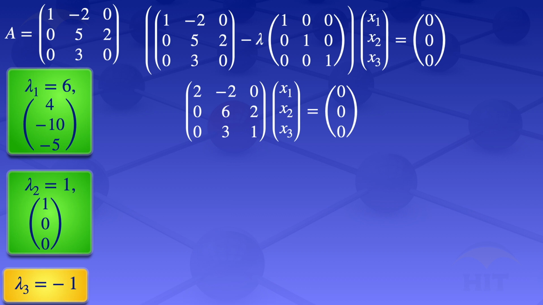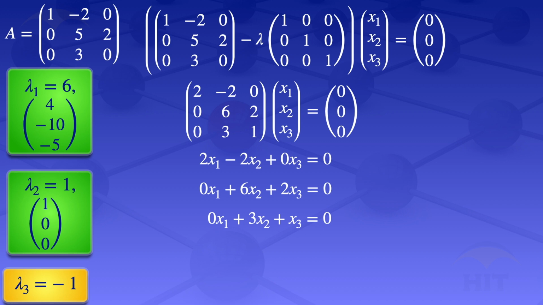By matrix multiplication, we would have the elements there, row by column. For the first row, we would have 2x1 minus 2x2 plus 0x3 is equals to 0. For the second row, we would have 0x1 plus 6x2 plus 2x3 is equals to 0. For the third row, we would have 0x1 plus 3x2 plus x3 is equals to 0.